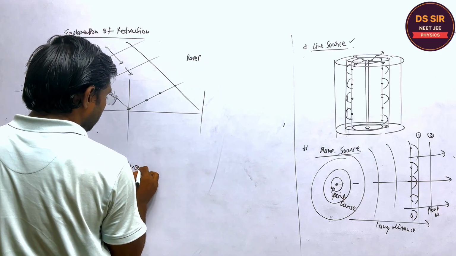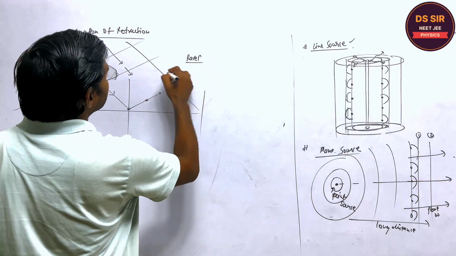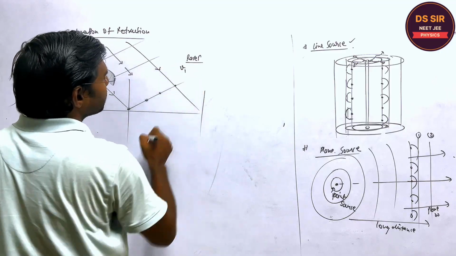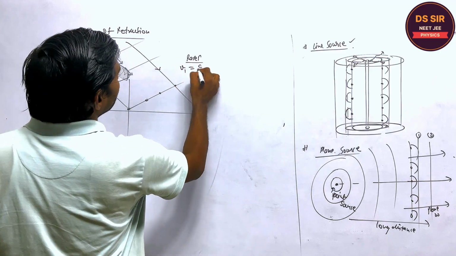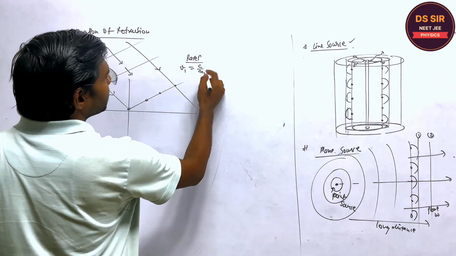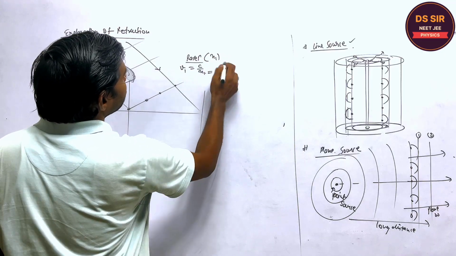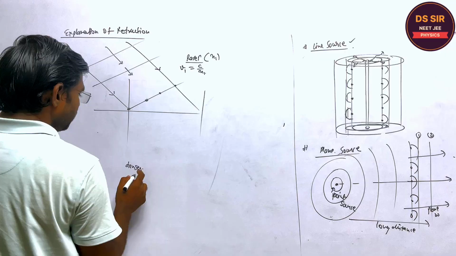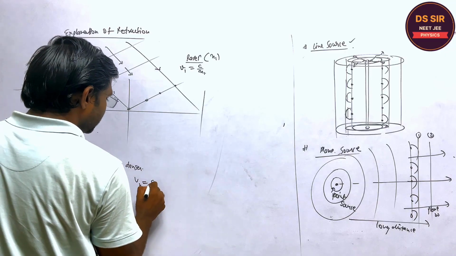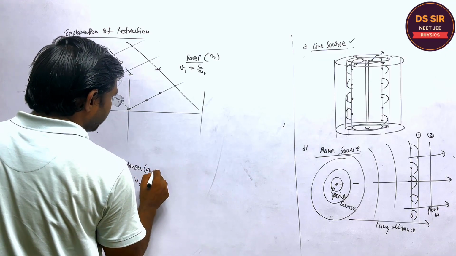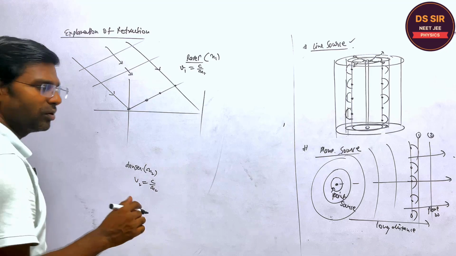In the rarer medium, the speed of the light is v1, which is equal to C upon n1. n1 is the refractive index of this rarer medium, right? In this medium, the speed of the light is C upon n2 and the refractive index is n2. Are you getting or not?